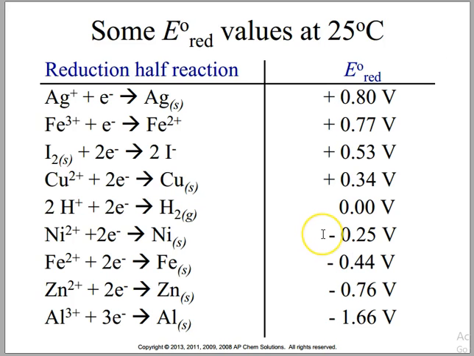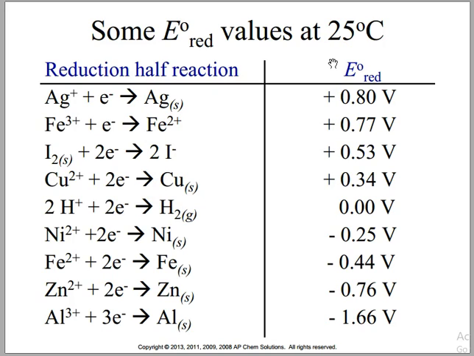So you will be given a table like this on the AP exam. Okay? And scientists, chemists arbitrarily said that the reduction of hydrogen was 0 volts. Okay? So anything down here has a negative reduction potential, and those that are above here have a positive reduction potential.